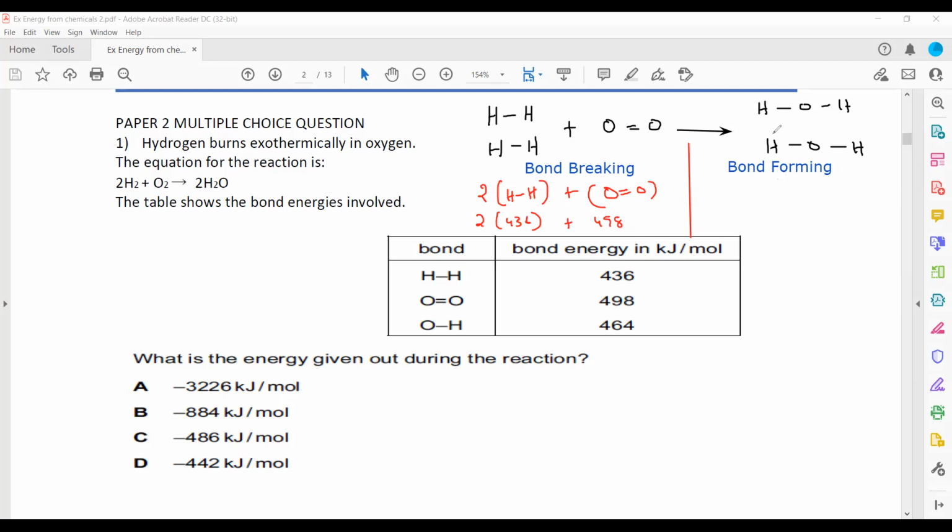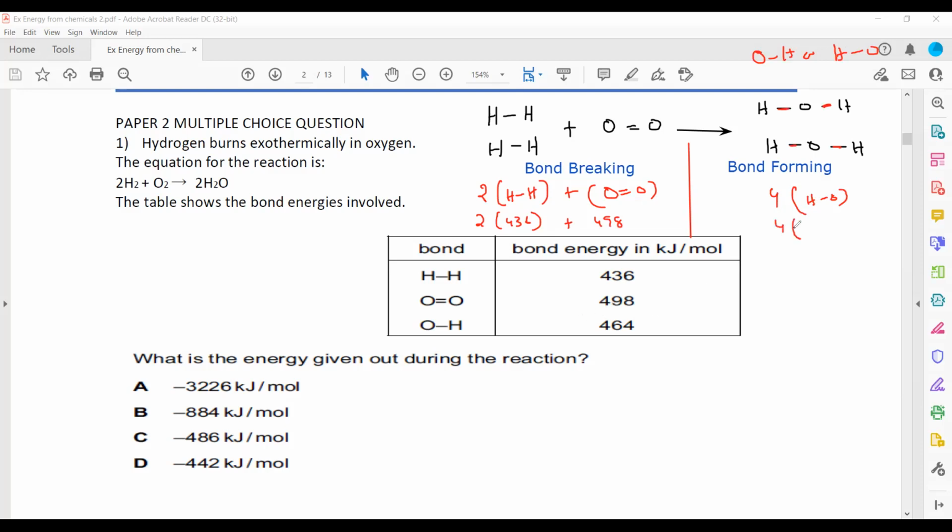And what about the bond forming? How many OH bonds are there? 1, 2, 3 and 4. So there are 4 OH bonds. We'll write 4 and then HO or OH. That does not make a difference, because OH or HO has the same meaning. If I write HO or I write OH, it does not make a difference to the final answer.